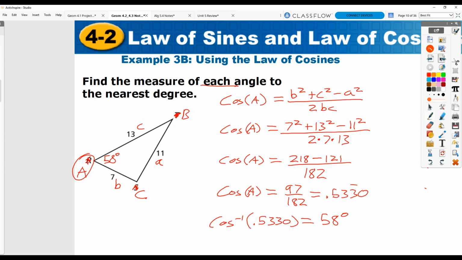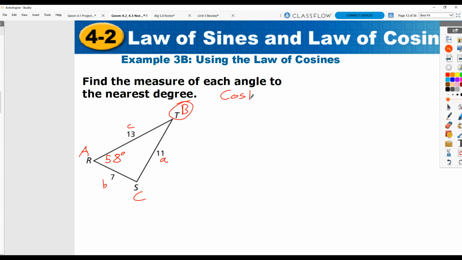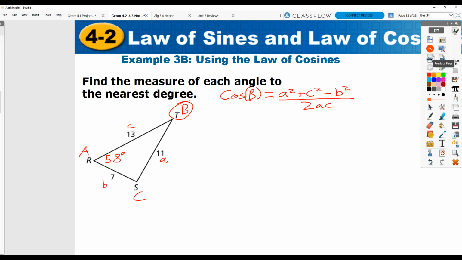All right, so we'll go to where we're at. Okay, here we go. So we're finding cosine of angle B. Okay, and that's going to be equal to a squared plus c squared minus b squared over top of 2 times a times c. All right, and let me make sure I got that right.